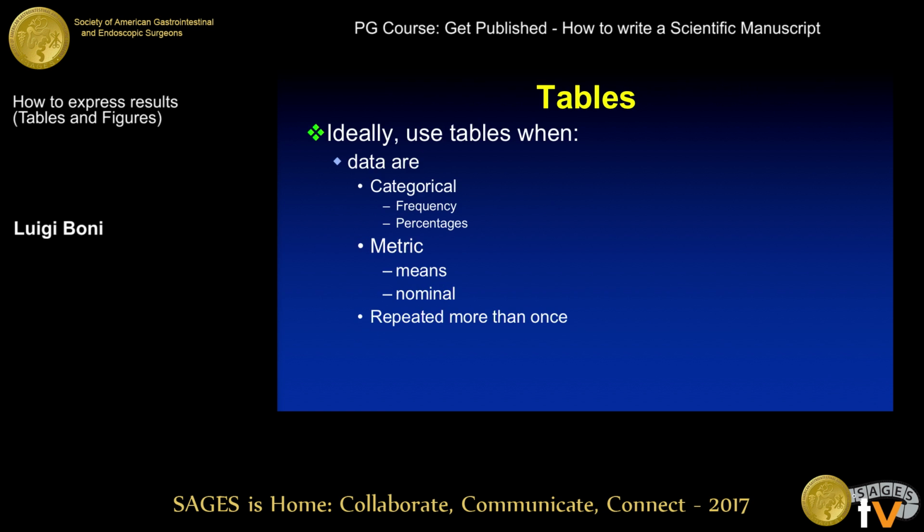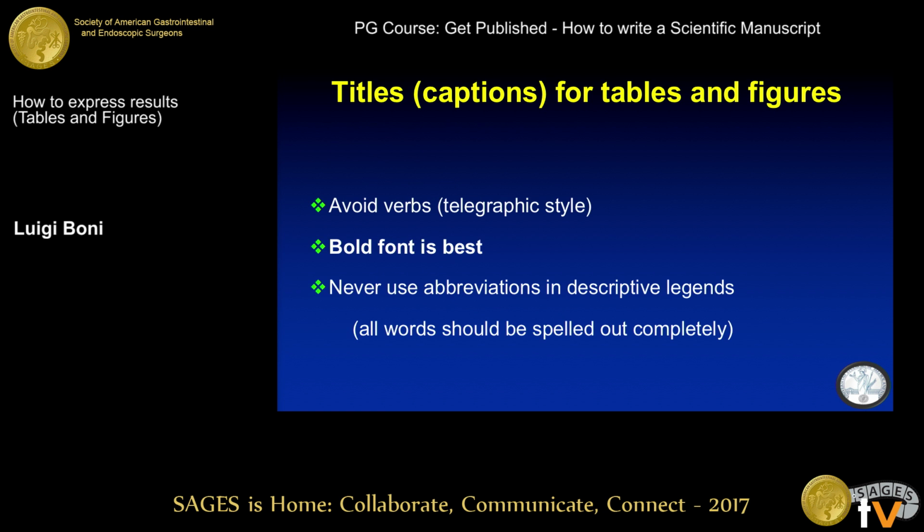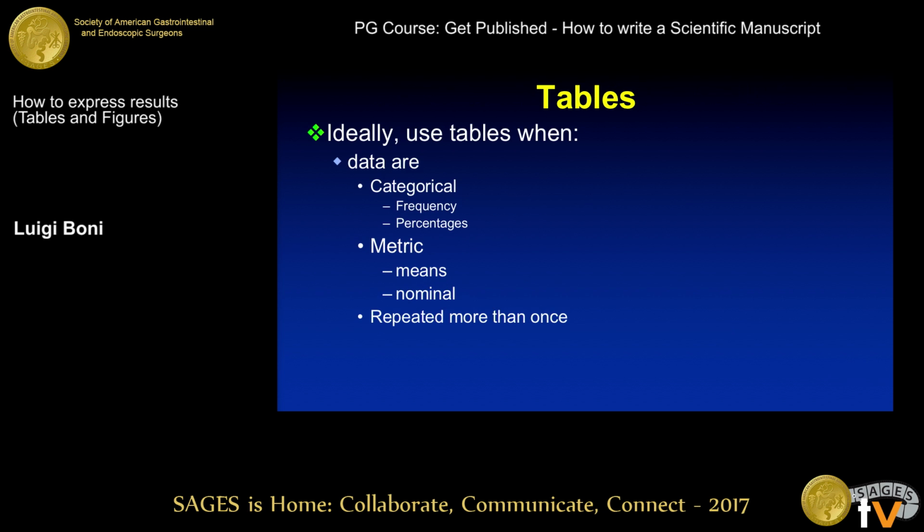Better if you use a bold style, because it gives you the idea that this is really a title, and try not to use any abbreviation when you put the legend, because otherwise it would be very difficult to understand what the abbreviation stands for, and then the reader will have to go into the text and recall, and it would be very difficult to understand the meaning of the graph or the table.